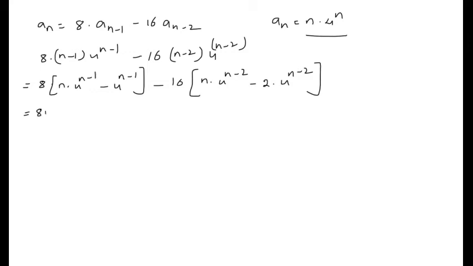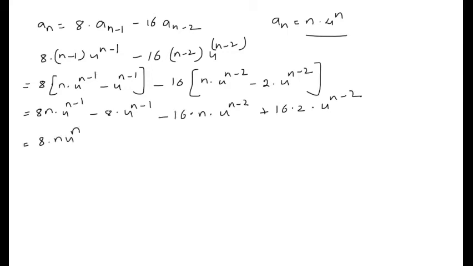So 8n into 4^(n-1) minus 8 into 4^(n-1) minus 16 into n into 4^(n-2) minus 16 into minus, so it is plus 16 into 2 into 4^(n-2).